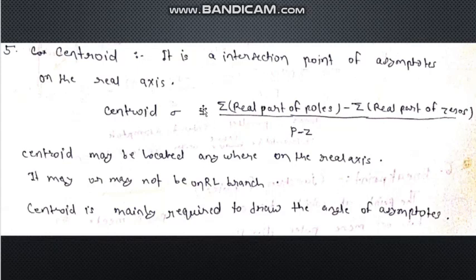Sigma, the centroid, is equal to the summation of the real parts of the poles minus the summation of the real parts of the zeros, divided by p minus z, where p is the number of poles and z is the number of zeros. The centroid may be located anywhere on the real axis. It may or may not be on a root locus branch.